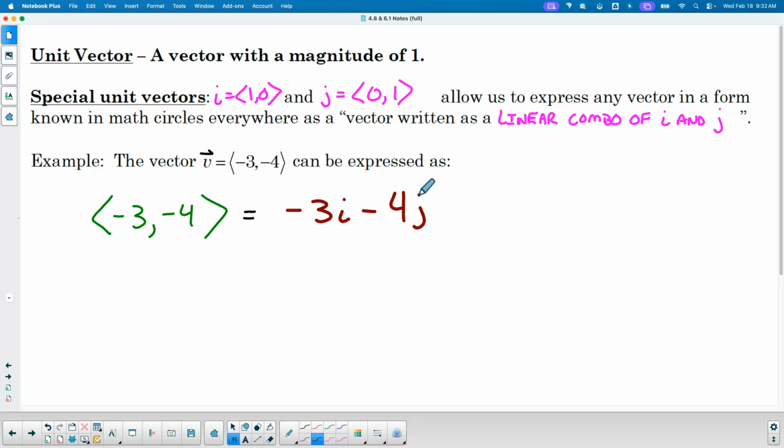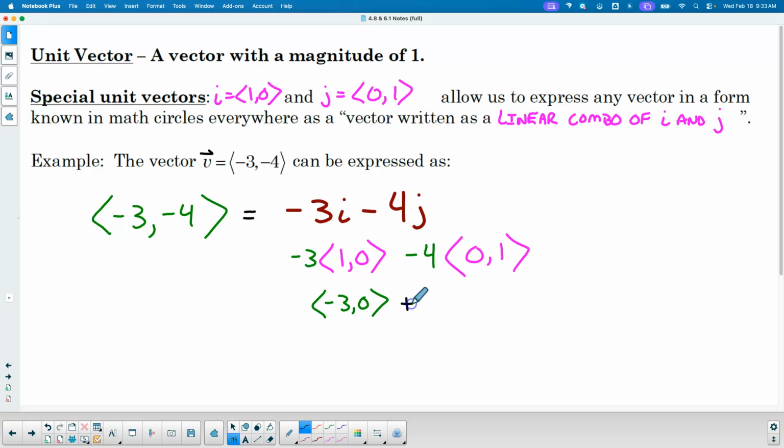If i is the vector 1 comma 0, then this would be -3 times the vector 1 comma 0, which would be the vector -3 comma 0 from yesterday. Do we agree with that? Then -4 times the vector j, which is 0 comma 1, would be the vector 0 comma -4.